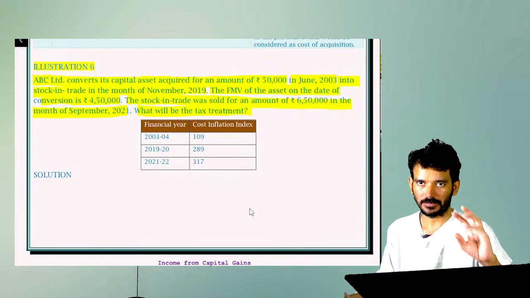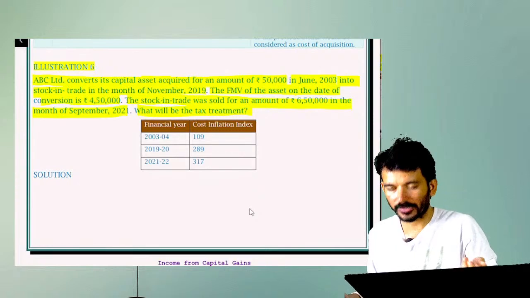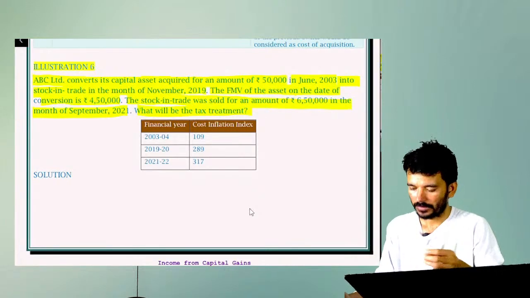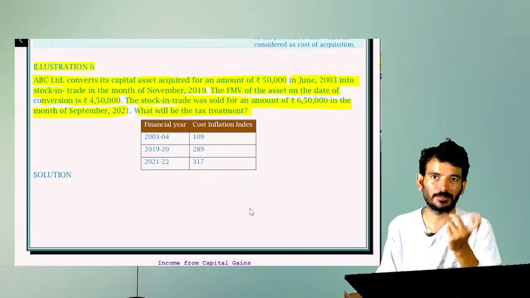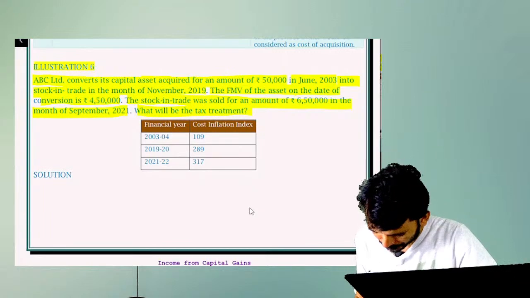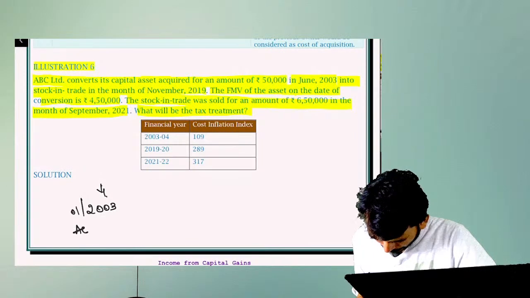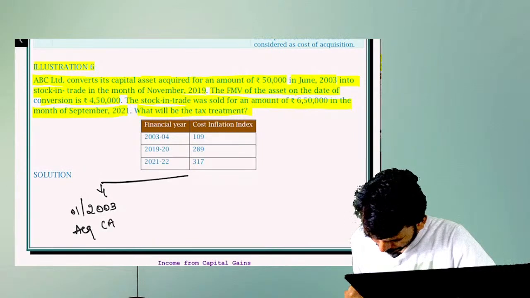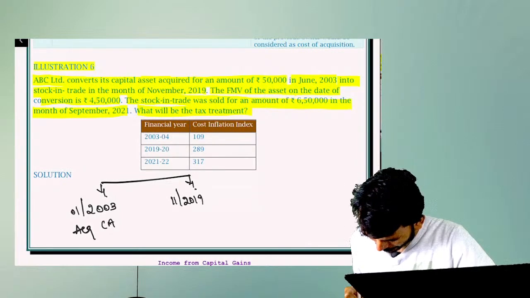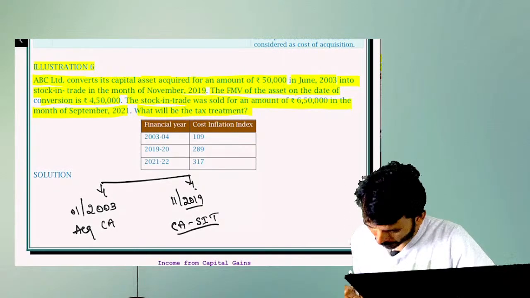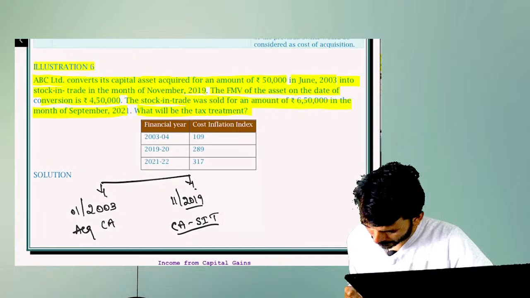See, CII for the new questions in examination, they will be giving it for the next year, but don't get confused. It's okay. Old rates are given. We'll do with that only, but concept is same, right? So I'll just give a timeline. January 2003: acquired capital asset. November 2019: the capital asset you are converting into stock in trade, on that date the fair market value was 4.5 lakh.